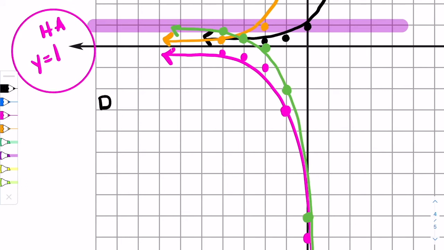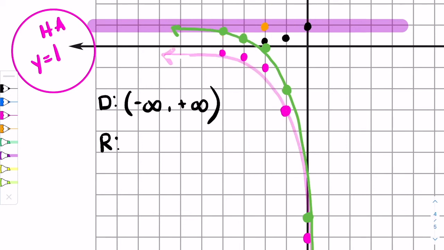The domain is still all real numbers, negative to positive infinity. And now the range, this is the first time this looks a little different. The range of the green graph, I should erase some on here for you, it looks a little cluttered. So the range of this green graph is going to be from negative infinity to the line at 1.